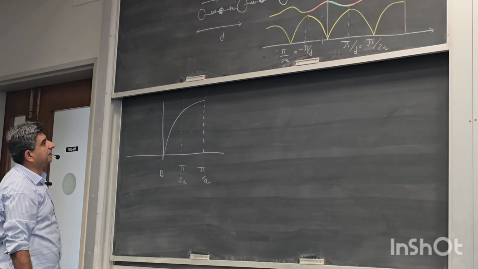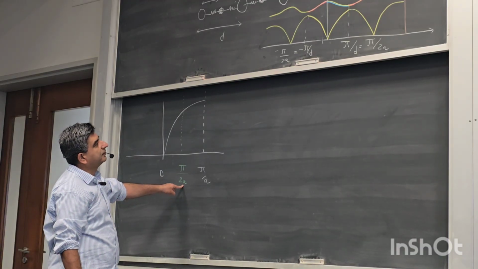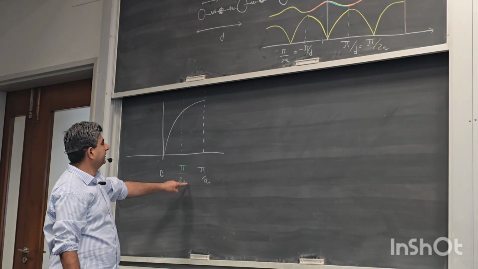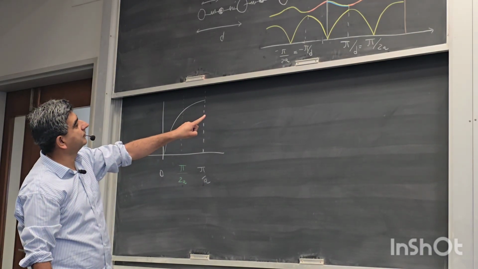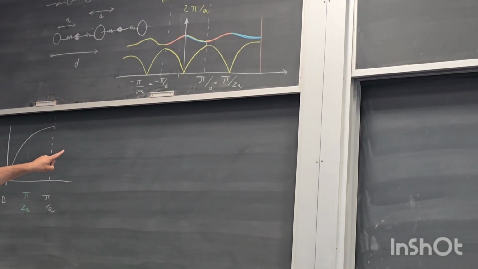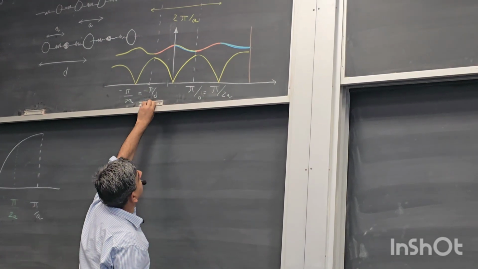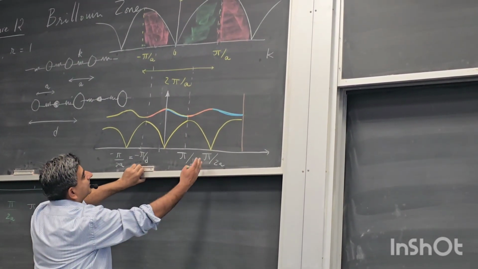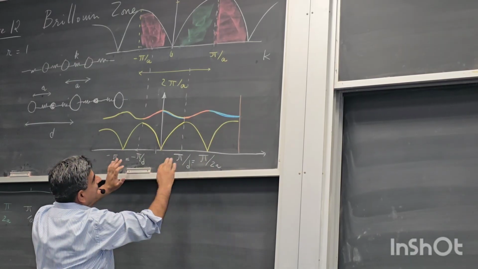The dispersion relationship, this is pi over 2A, this is pi over A. So I've actually dilated this figure a bit too much, so it's not to the same scale.